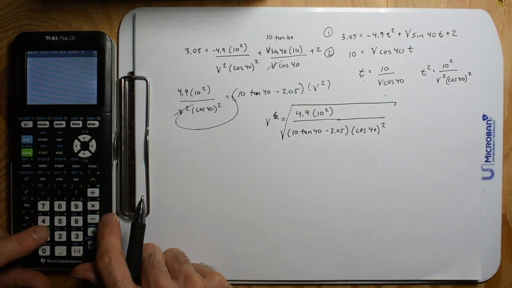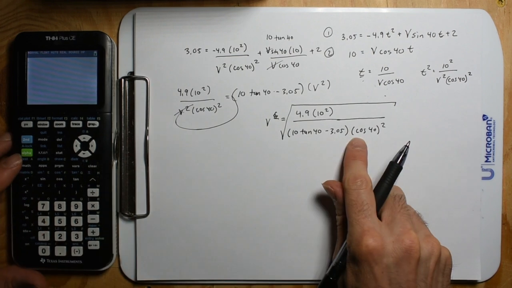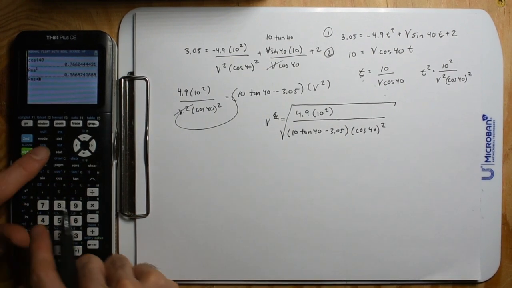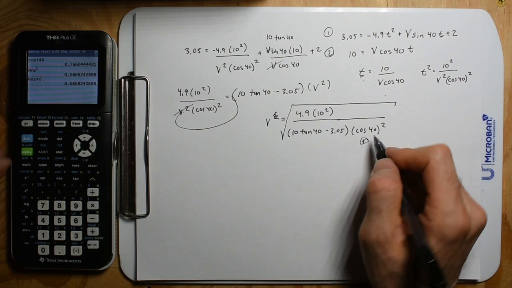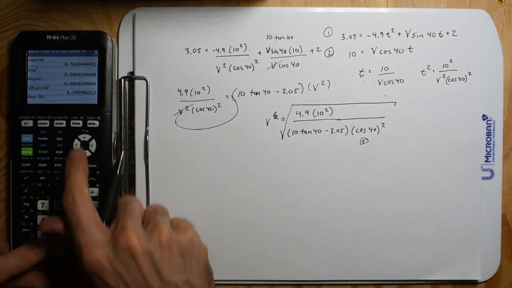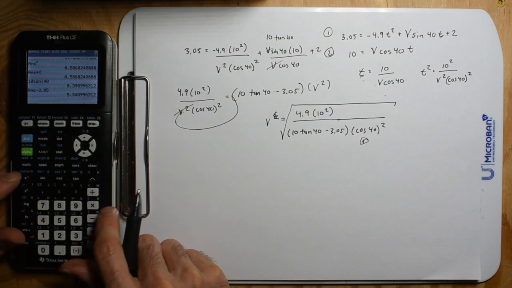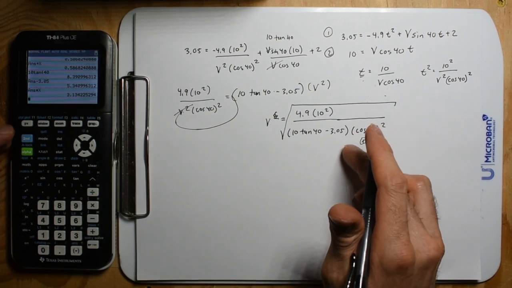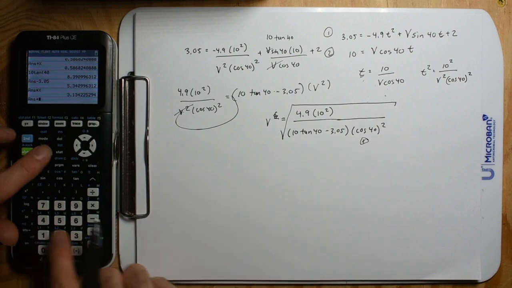So now let's do it. I'm just going to do this bottom part too. Cosine 40 squared. I'm going to even store that as x right now. And then I'm going to go 10 tangent 40 minus 3.05, and then times x. Cool, so now we got the bottom part, and it's for sure even, so that's sweet. Now I'm going to store that as x.